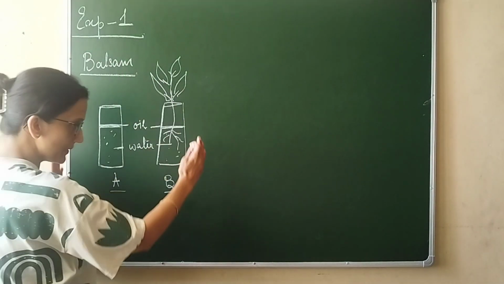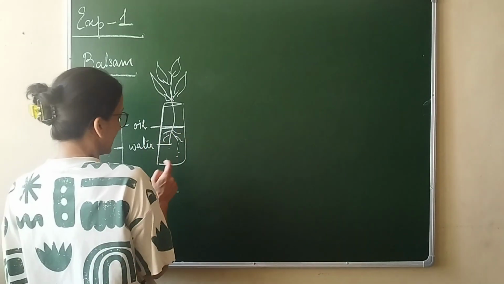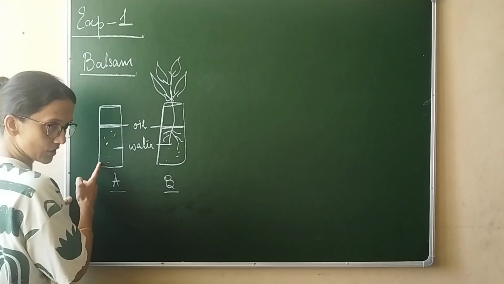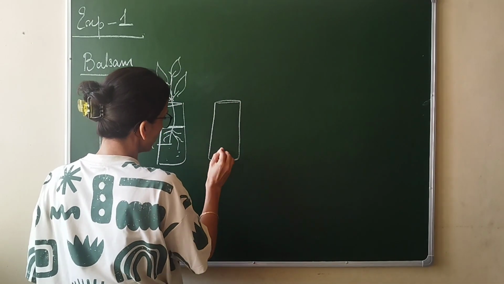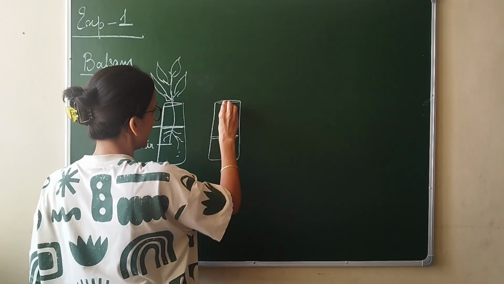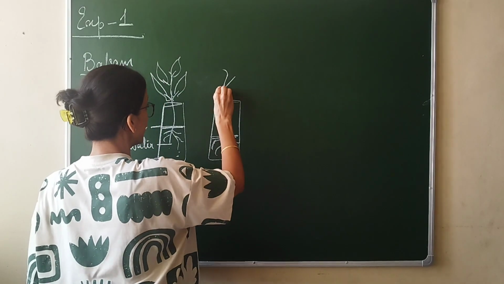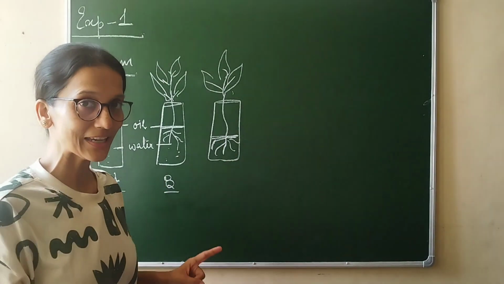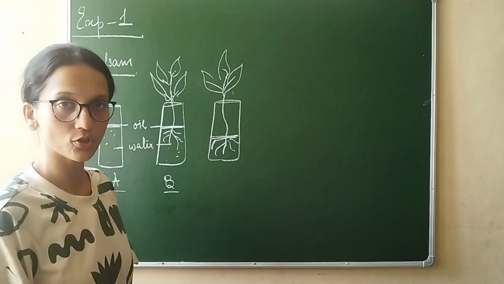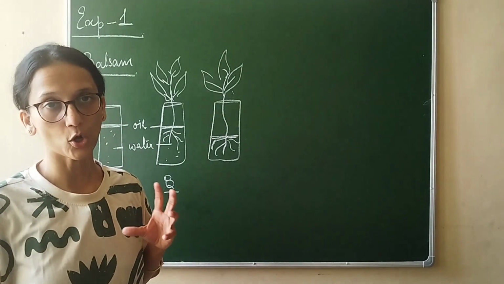So now you keep this setup as it is for a couple of days, and after some days you will find that there is no change in this setup, but the setup B shows a decrease in the level of the water. And since we have already made sure that there was no loss of water by evaporation, then 100% this loss of water has happened because the roots of the plant must have absorbed water.